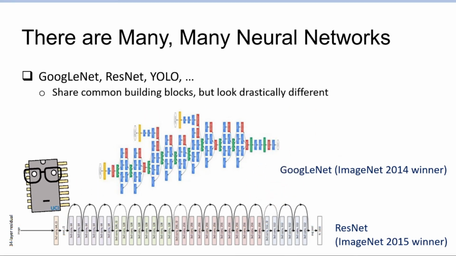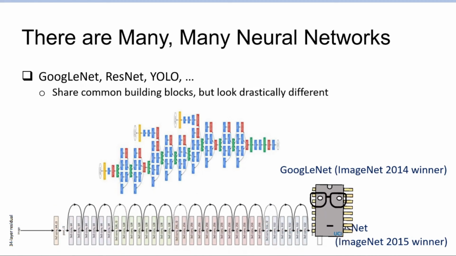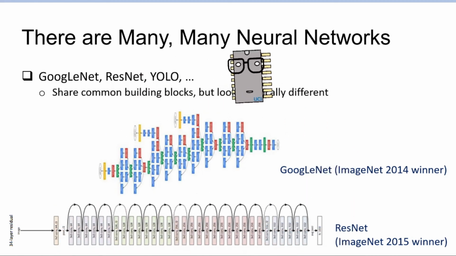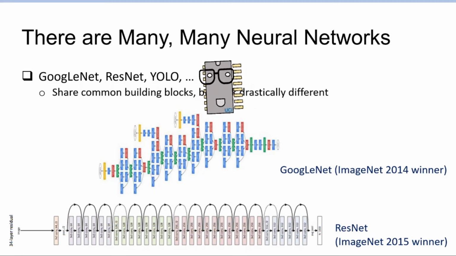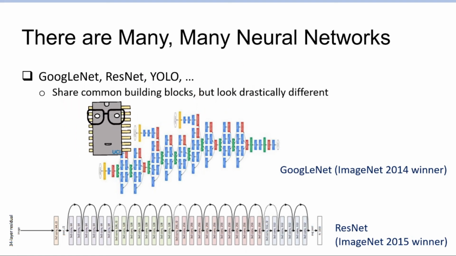The example here is ResNet below, from Microsoft, an ImageNet 2015 winner. You can see that there are layers that jump forward. YOLOnet is a model for object detection. If you give it an image, it draws rectangles around the objects that it detects.